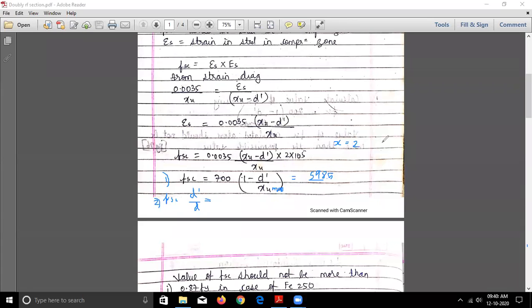Okay, and you can write in the chat box. What is the final value of FSC? 591. Others, is that correct? 591.